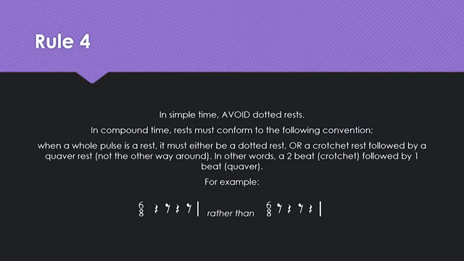Rule number 4. In simple time, avoid using dotted rests. In compound time, rests must conform to the following convention, and this is very important. When a whole pulse is a rest, now remember, a pulse in compound time is a dotted crotchet. When a whole pulse is a rest, it must either be a dotted rest or a crotchet followed by a quaver rest. If you look at the bottom of the page, you'll see that I've written down a crotchet rest plus a quaver rest, instead of quaver rest, crotchet rest.